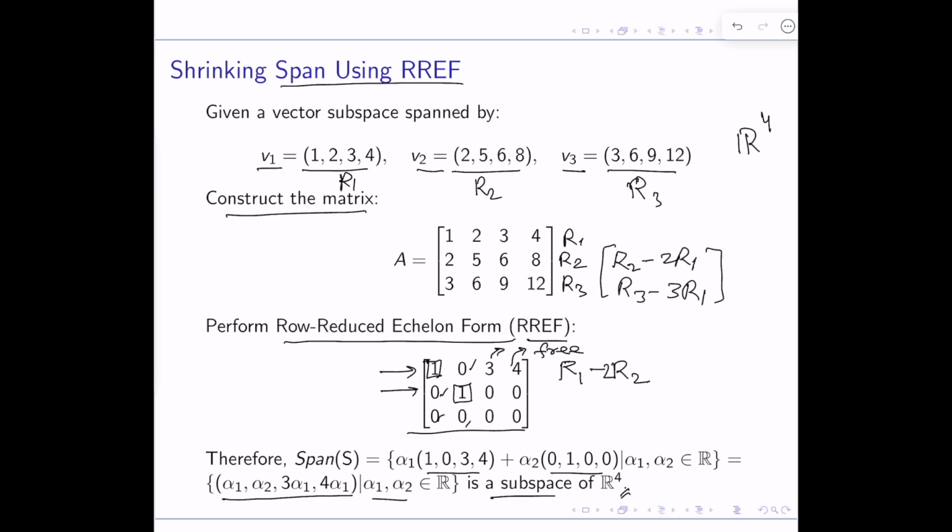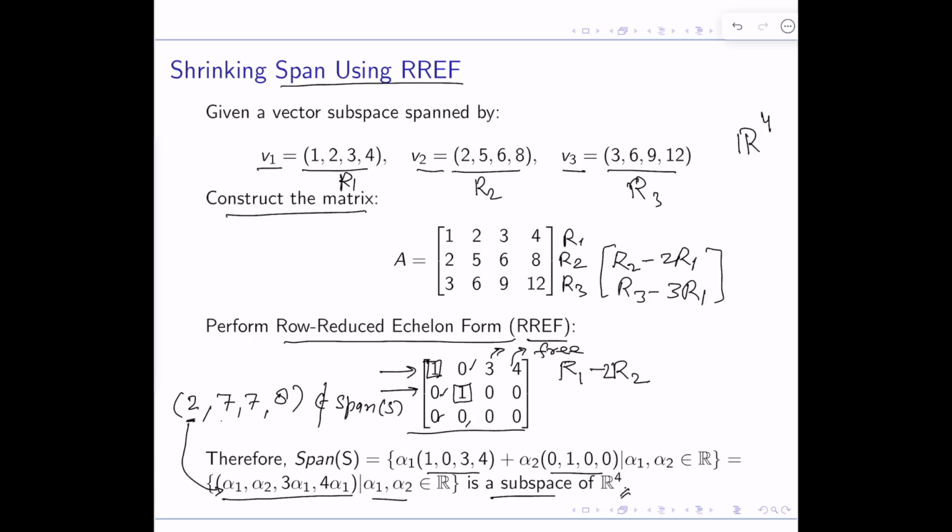So if I give you 2 and let's say 7 and then 7 and then 8, does it belong to the span? The answer is no. Why? You see, the first tuple is alpha 1, which is 2.